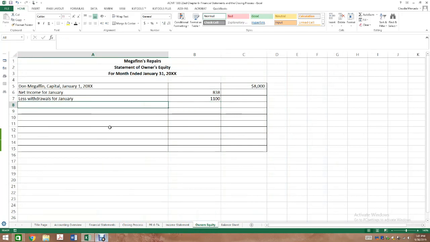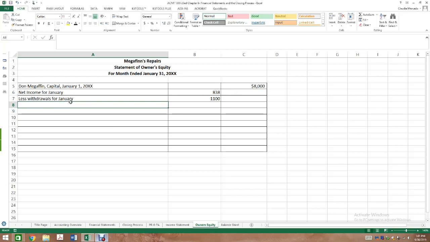Now we need to figure out, did my capital go up or did my capital go down? I need to figure out if your capital increased or decreased. This is what happened. During the month of January, you generated $838 in income. This is how much money the business generated.